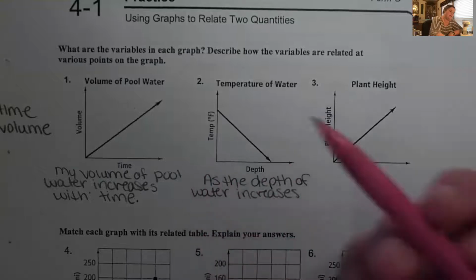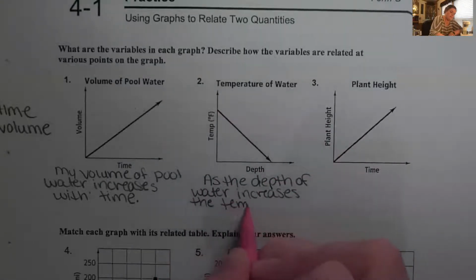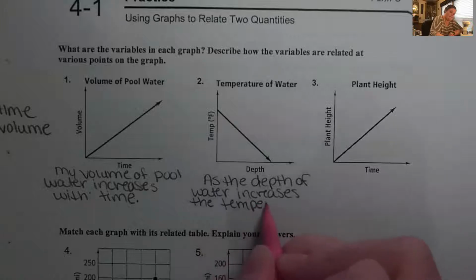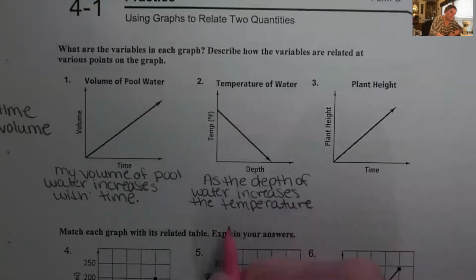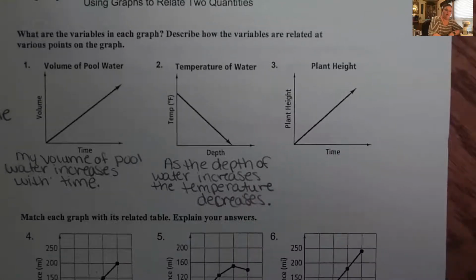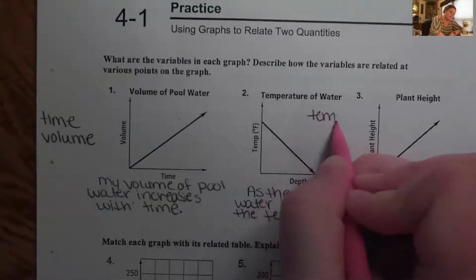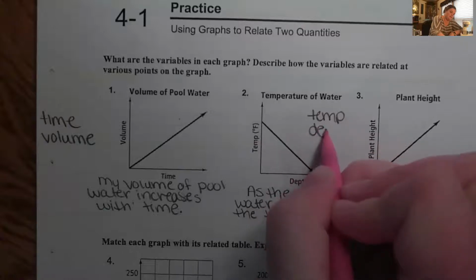As that increases, the temperature decreases. Okay, and we forgot to answer: our two variables are temperature and depth.